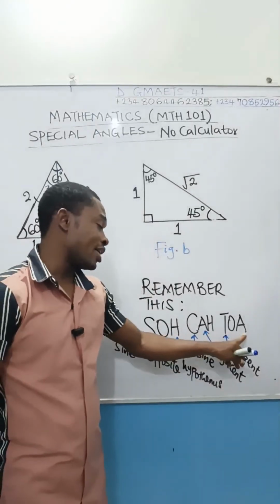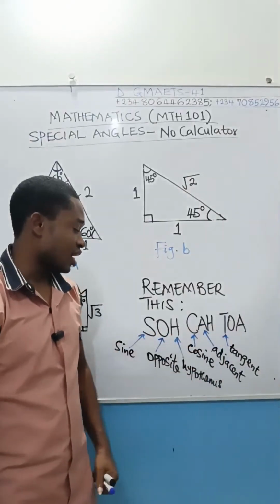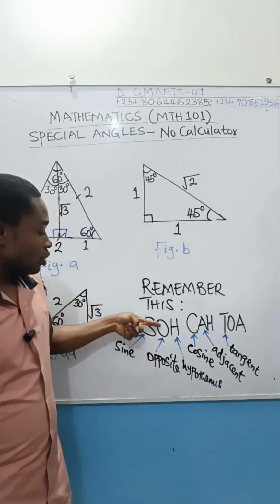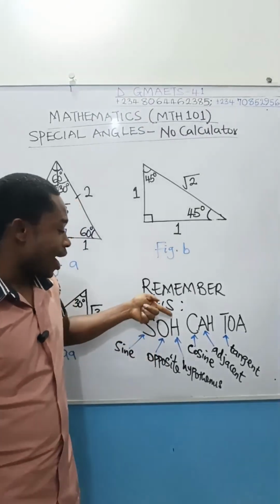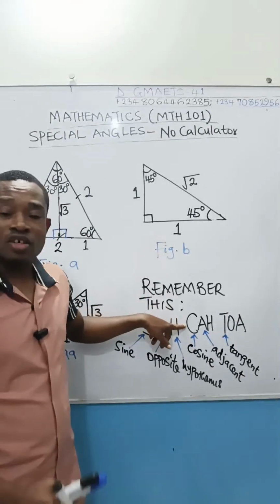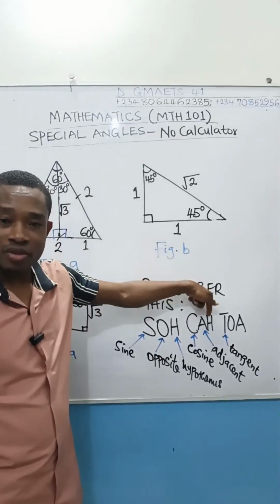I won't define O and A again because I've defined them already. O is opposite, A is adjacent. Now, sine theta is going to be opposite divided by hypotenuse. Cos theta, cos of any angle, is going to be adjacent divided by hypotenuse.